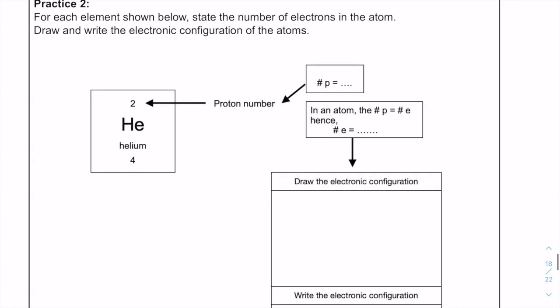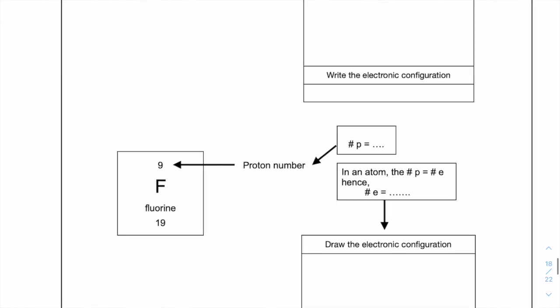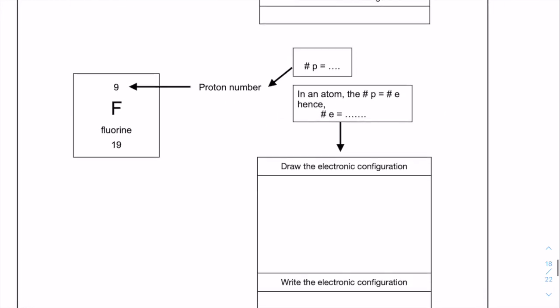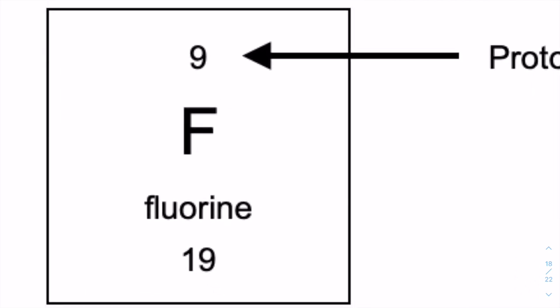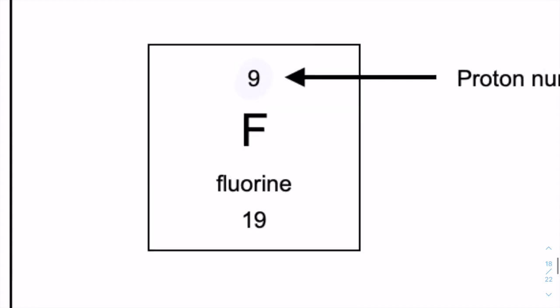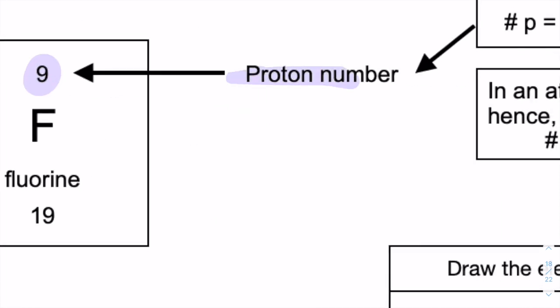Let's try some examples. Okay, let's try for fluorine. Fluorine has this information. When we want to write and draw the electronic configuration, we need to figure out first how many electrons there are. So over here, we look at the top number. The top number represents the proton number.